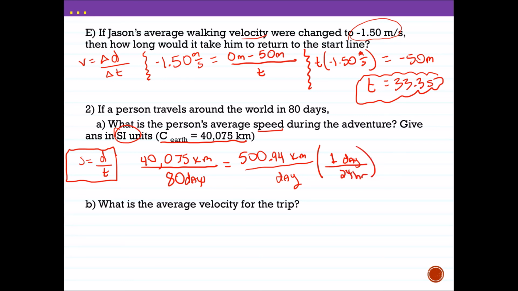I'm going to convert my time first. And then an hour is equivalent to 3,600 seconds. Now I'll convert kilometers to meters and crunch those numbers. What do you get? You should get 5.7979 meters per second.